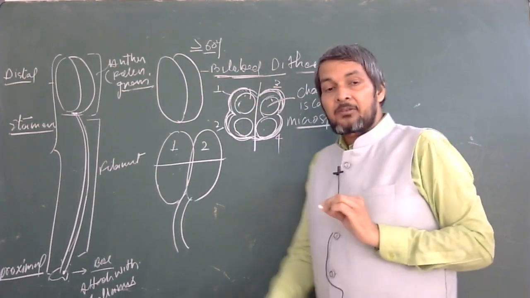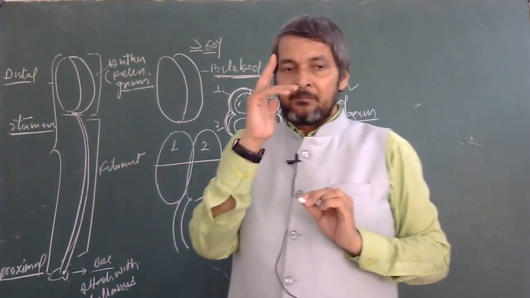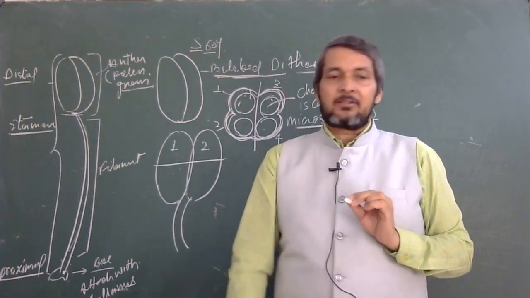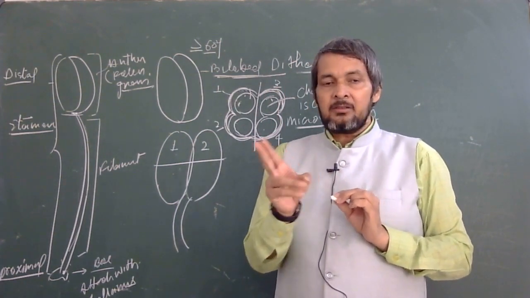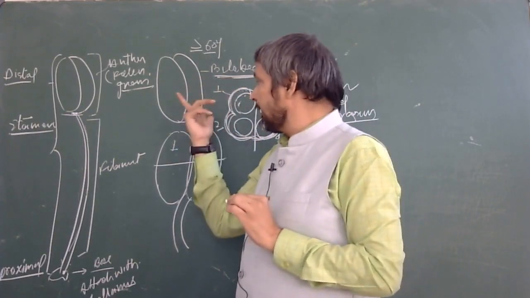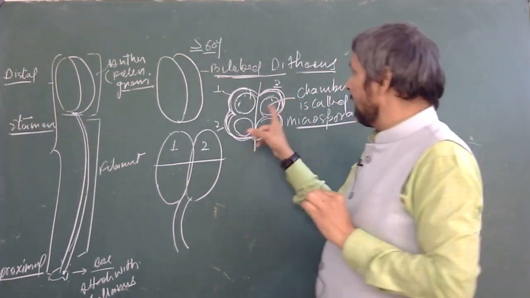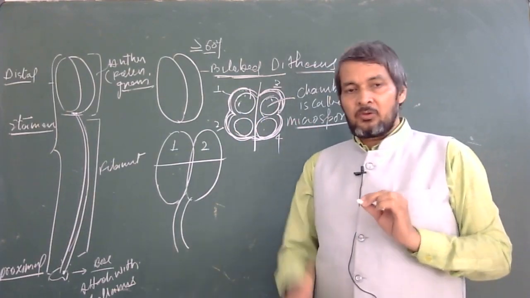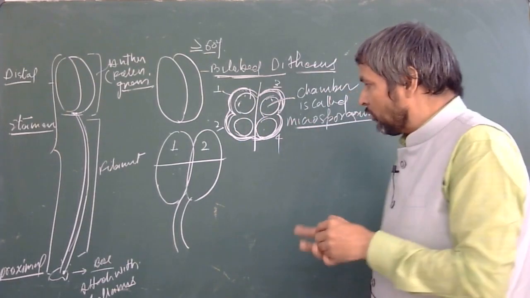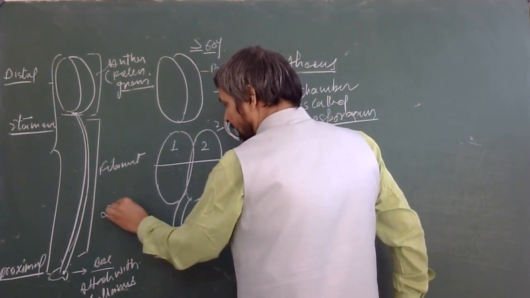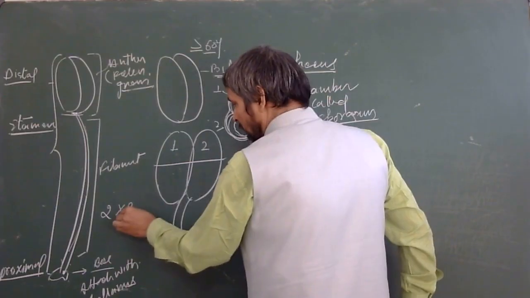So how many microsporangia are found in a mature angiospermic anther? Four microsporangia, two each in the two lobes of the anther. In other words, every theca has one microsporangium. The anther is bilobed, meaning there are two lobes. Each lobe has how many theca? Two theca.